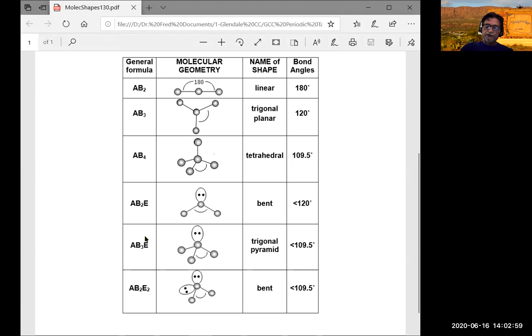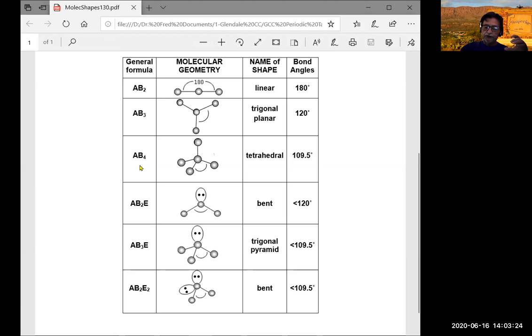And E represents the number of lone pairs of electrons that are on the central atom. So once we come up with a structure using the Lewis dot structure, we can assign it a general formula, ABE, okay? And then from that information, let's say, for example, we assign the structure AB4, subscript 4.